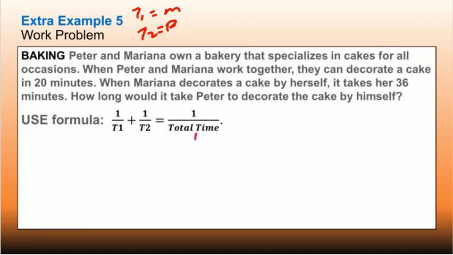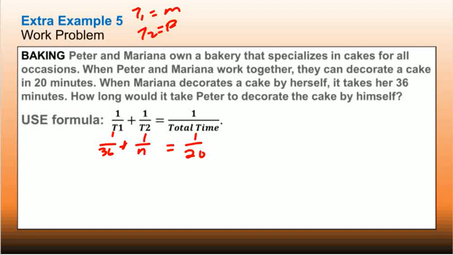So this is 1 over 20. T1 would be 1 over 36, since Mariana by herself takes 36 minutes. We don't know Peter's, so I'm just going to put n. Common denominator of 36 and 20, we could do 180.